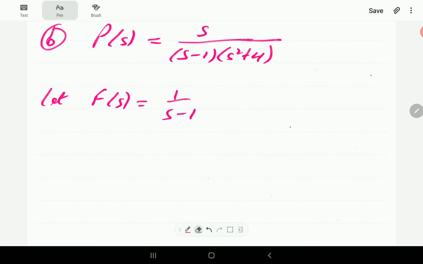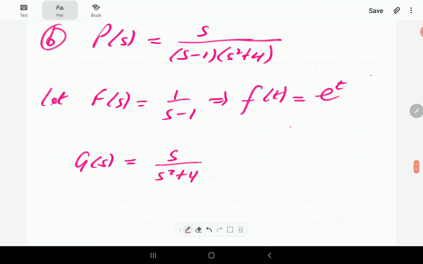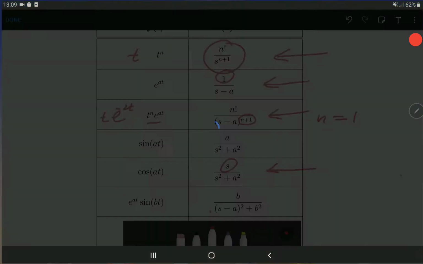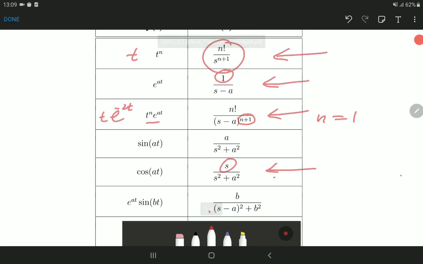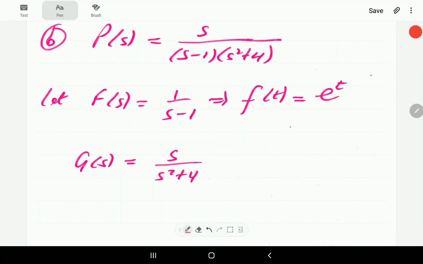So that is going to be our g, and then f of t is going to be e to the power t from the table of Laplace transforms. Then our g is going to be s over s squared plus 4, and I just referred to this one here. In our case, our a squared is 4, so our a is going to be equal to 2. So this is giving us g of t is cosine 2t.